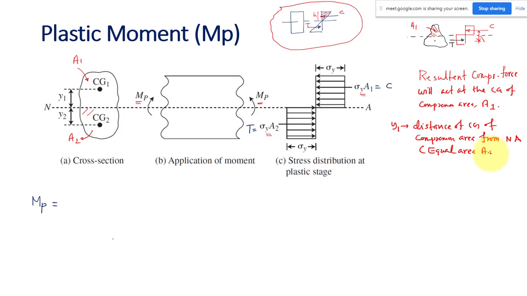The neutral axis at the plastic state is also known as the equal area axis, because the area above and the area below will be equal. So the equal area axis means the neutral axis at the plastic state.